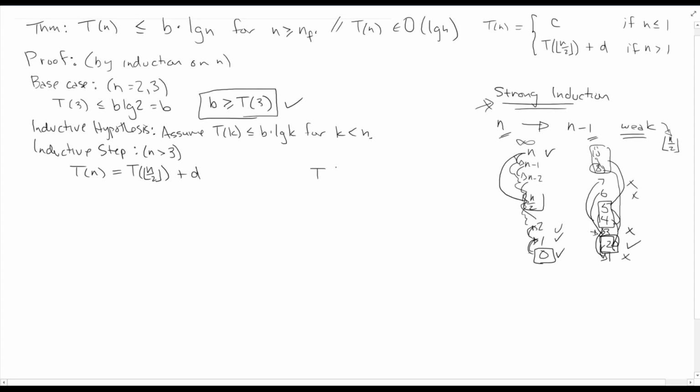That's going to restate the inductive hypothesis as t of the floor of n over 2 is less than or equal to b times log the floor of n over 2 as well, being very careful to put the whole floor of n over 2 in for k, meaning now we can say that this is less than or equal to, I'm going to substitute out my t of n over 2 term with my b times log floor n over 2 plus d. Okay, keeping in mind somewhere down below here we want less than or equal to b times log n.